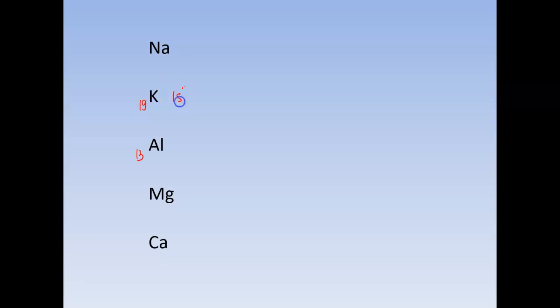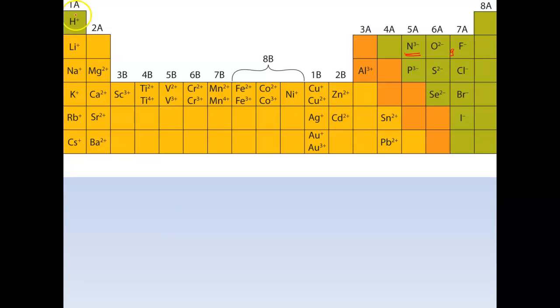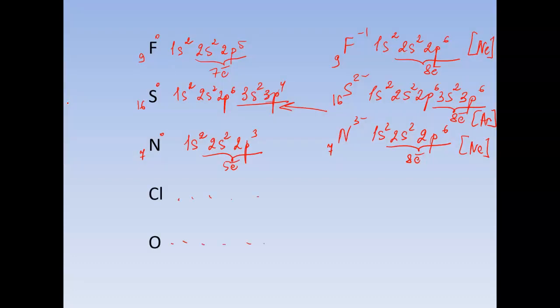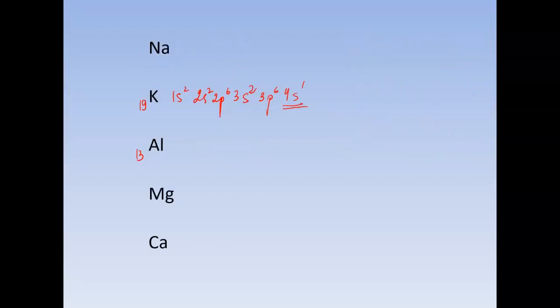So 1s2, 2s2, 2p6, 3s2, 3p6, and 4s1. You can see group number 1A for potassium. The positive charge will be 1 positive and 1 valence electron.